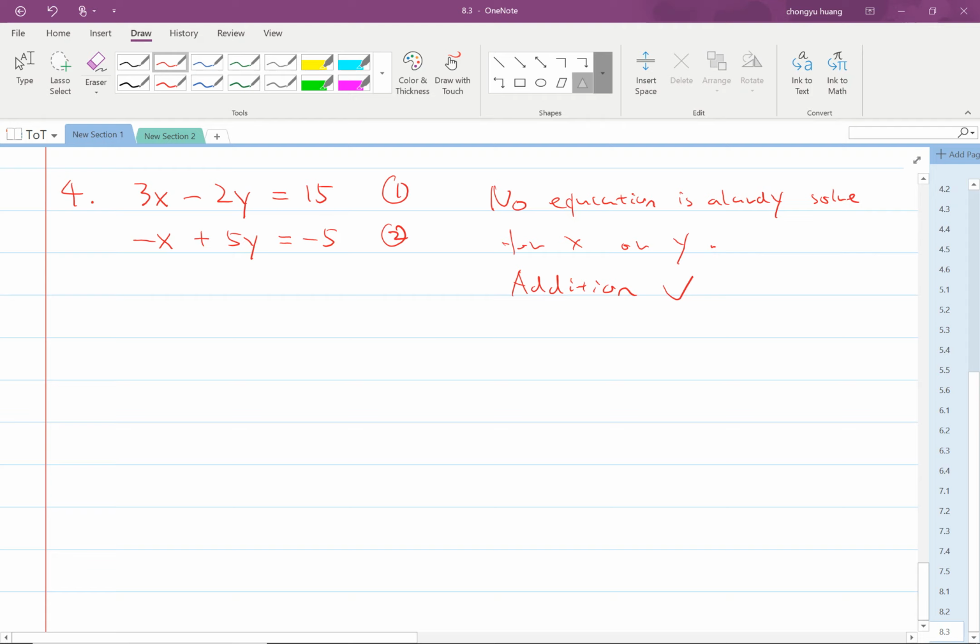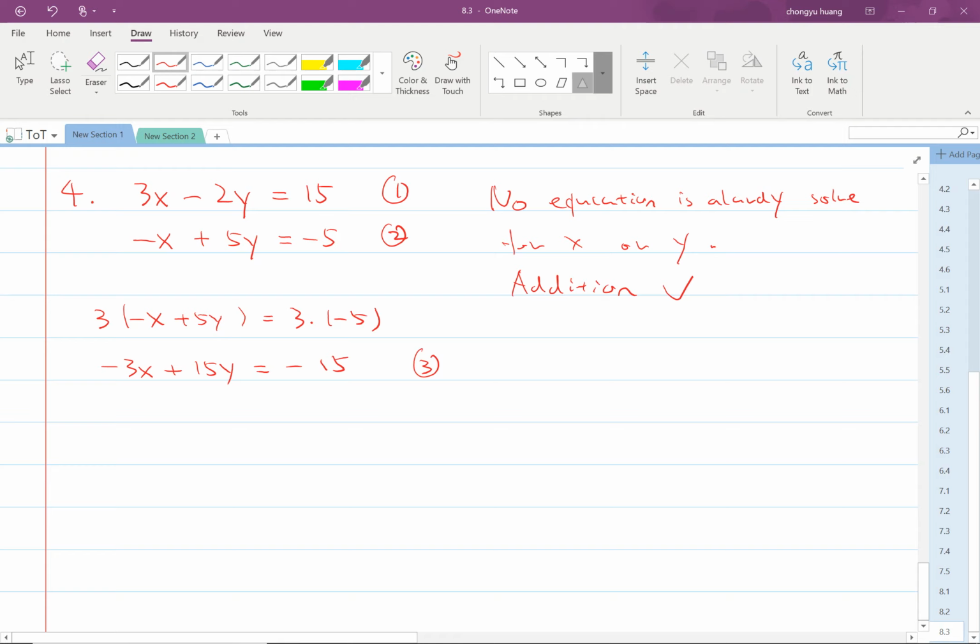If you multiply equation 2 by 3 and simplify a little bit, what we have is negative 3x plus 15y equal to negative 15. We call this equation 3.